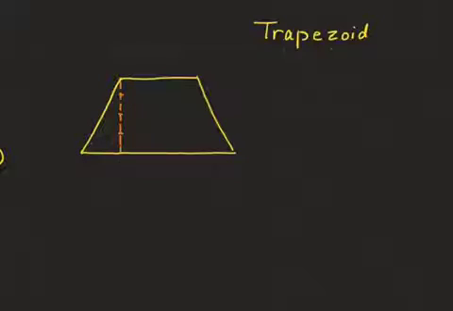And finally, let's look at a trapezoid. A trapezoid has two different lengths going across this way. In fact, with a trapezoid, we usually call that base 1 and base 2.